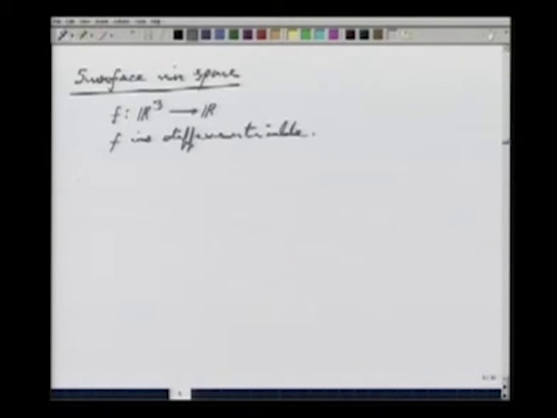I look at the set S: fix a constant, let us say d in R. I look at all (x, y, z) which are mapped by f to d.